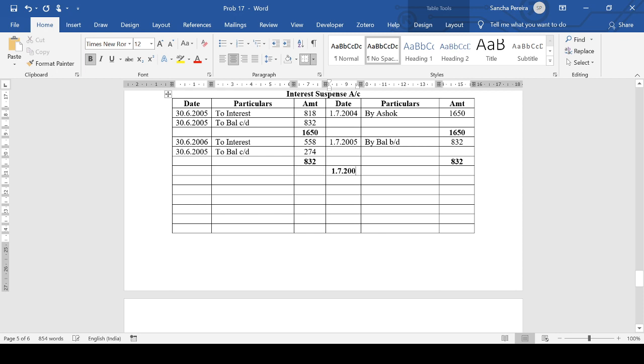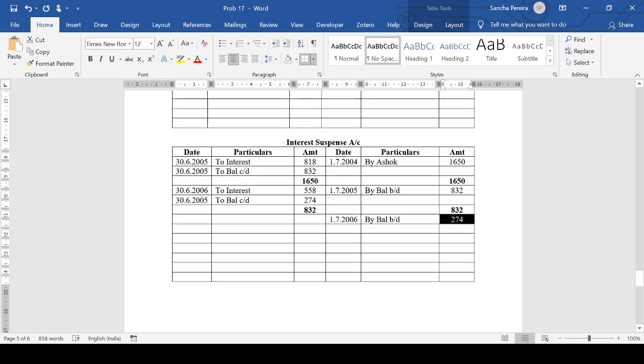1st July 2006 by balance brought down will be 274. By balance brought down 274.